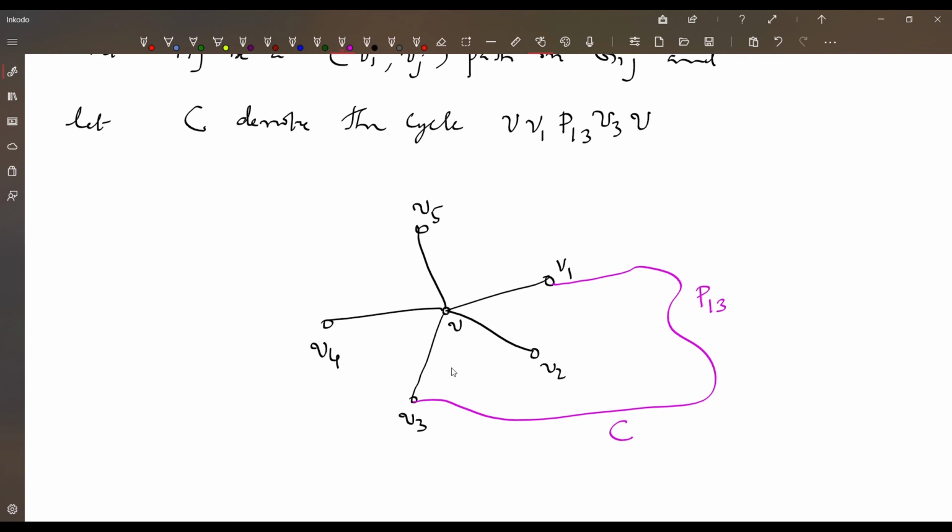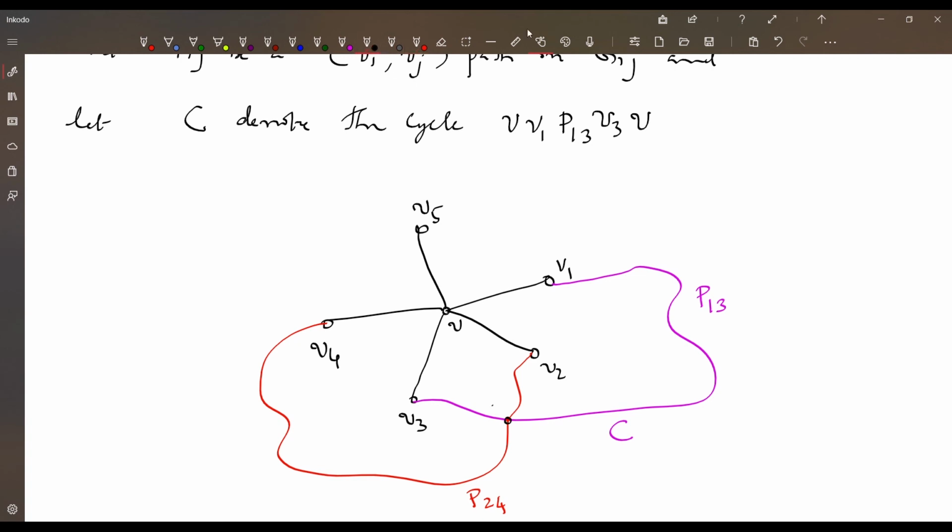Therefore, by the Jordan curve theorem, a path P24, so suppose that this is the path P24, must meet C at some point. Since G is a plane graph, this point must be a vertex.